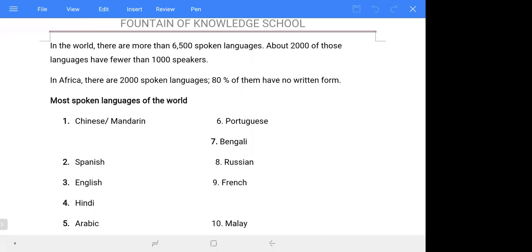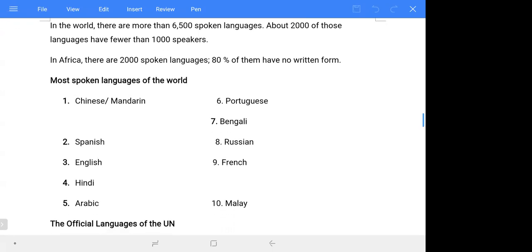When you come to Africa, we have approximately 2,000 spoken languages, but 80% of the languages of Africa have no written form. Only 20% of the 2,000 have a written form. 80% have not.